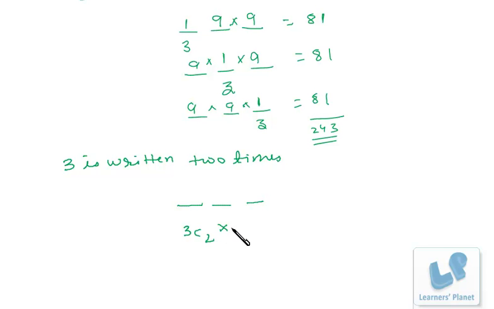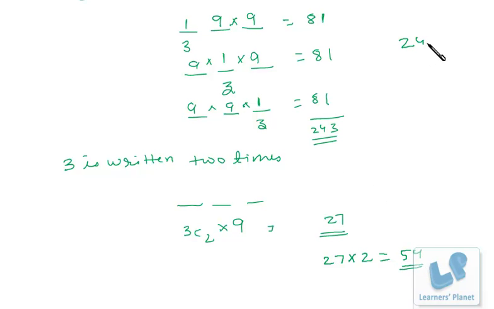That means any number from 0 to 9 can be arranged, right? So it's 3C2 into 9, or we can say 3C1 into 9, or 3 into 9, that is 27, right? So we have 27 numbers with two 3s, and that means in all we have 27 into 2, that is 54 threes, right?